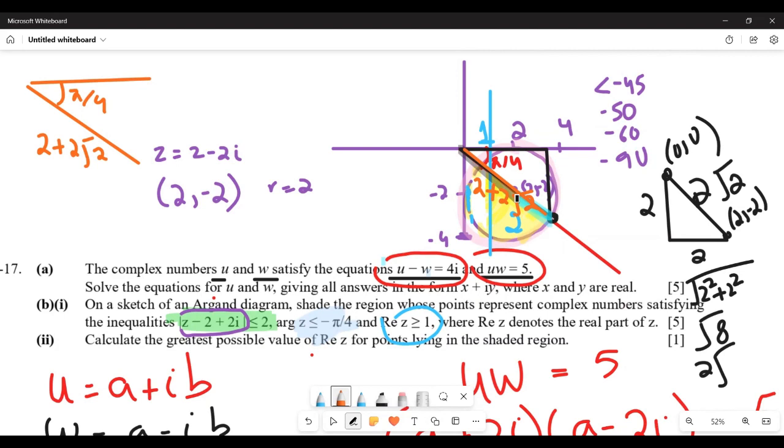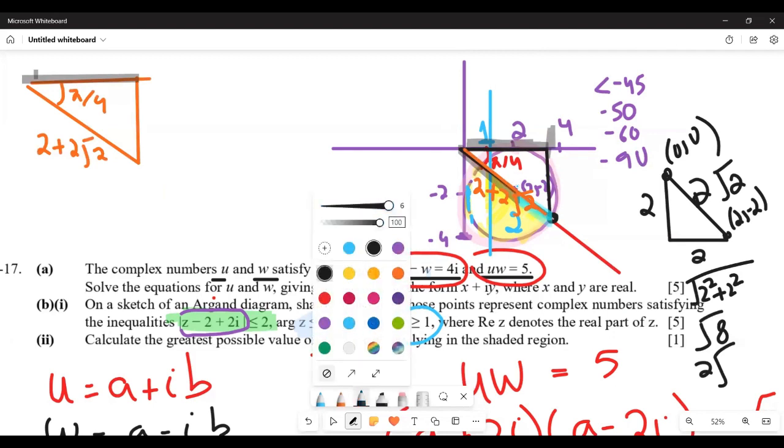And what do I need? I need this length because I need to find this value of x here. So I can use cos. Let's do that. It's going to be cos pi by 4.